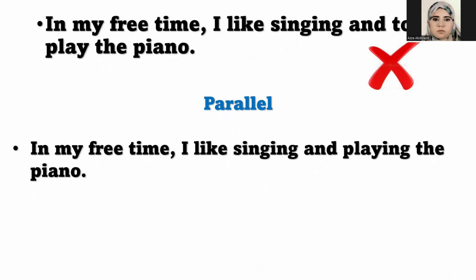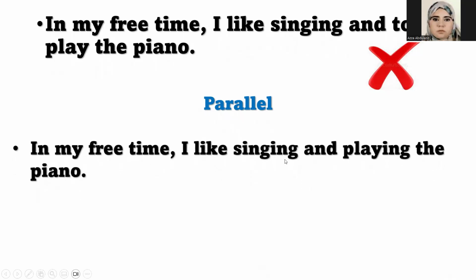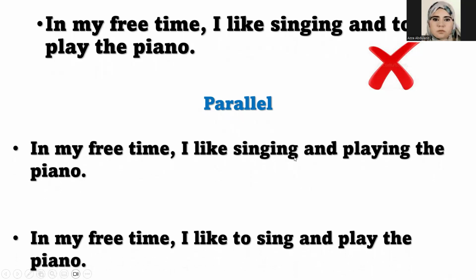So you kept the gerund form after like every time. Or you can fix it in another way: in my free time, I like to sing and play the piano. So you kept the infinitive form after like this time. What does it mean? It means when fixing the mistake, it usually doesn't matter which form you choose as long as it is consistent. Okay?